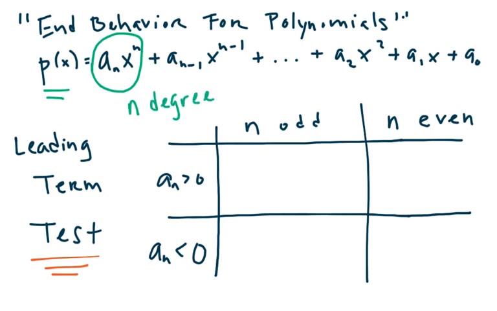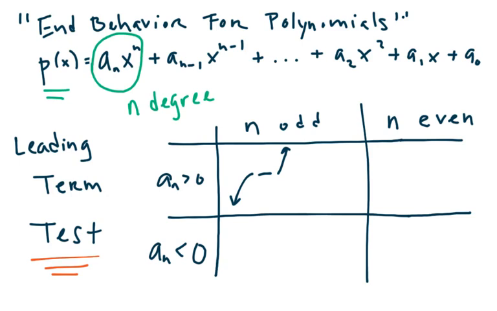It's the highest power. So if n is odd, and these a sub n's are considered the leading coefficient, if n is odd and the leading coefficient is positive, we actually are going to have behavior at infinity that's very similar to x cubed that we just examined.